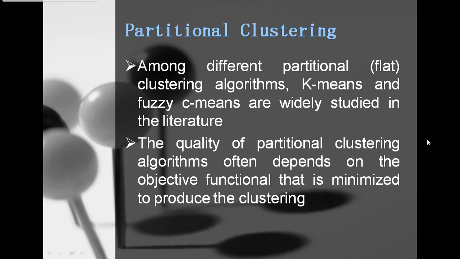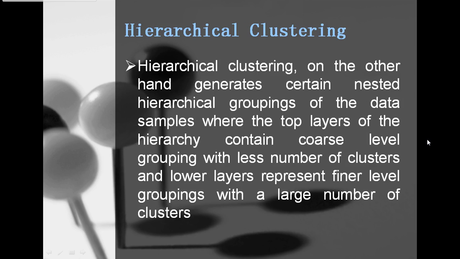K-means and fuzzy c-means are widely studied in the literature, and the quality of partitional clustering algorithms often depends on the objective functional that is minimized to produce the clustering.